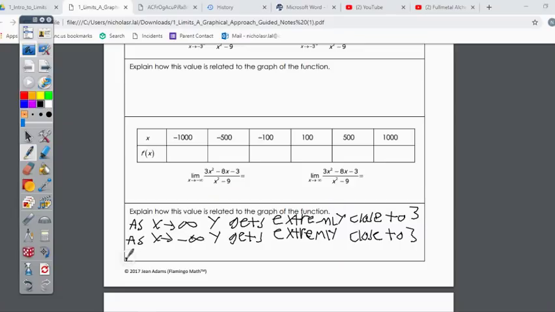Therefore, y equals 3 is a horizontal asymptote of f of x.